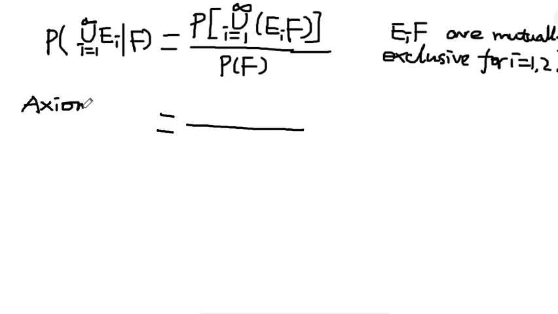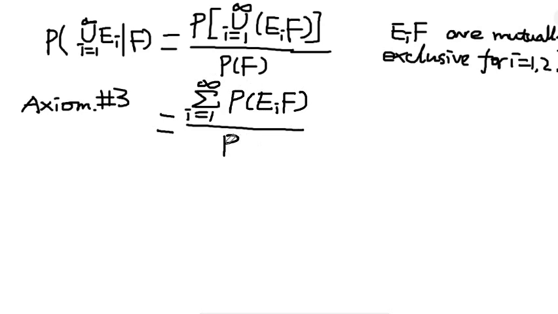We get on the top the sum of each probability of Ei and F, over F. Since each term is divided by the probability of F, we can rewrite in this way.